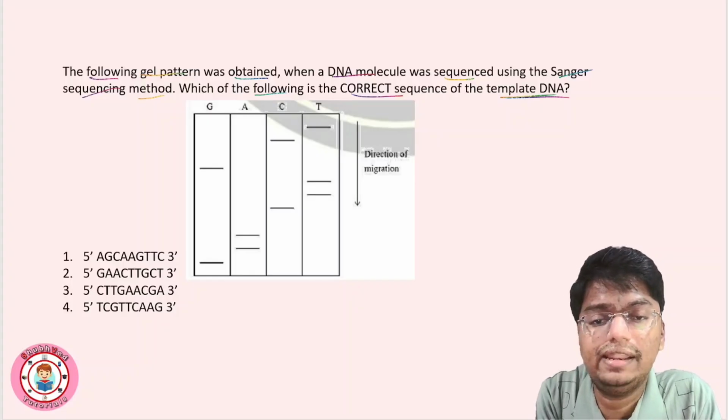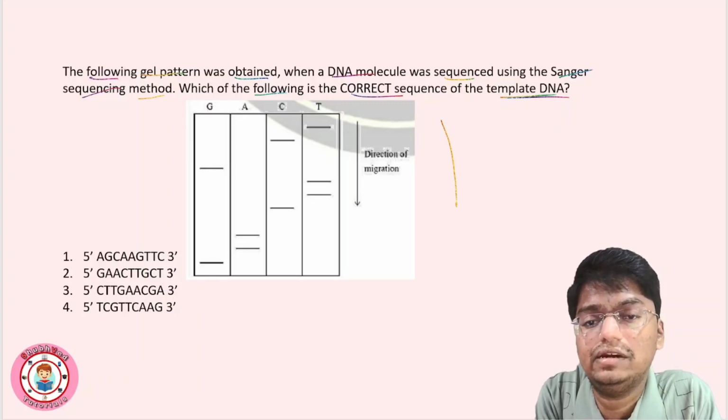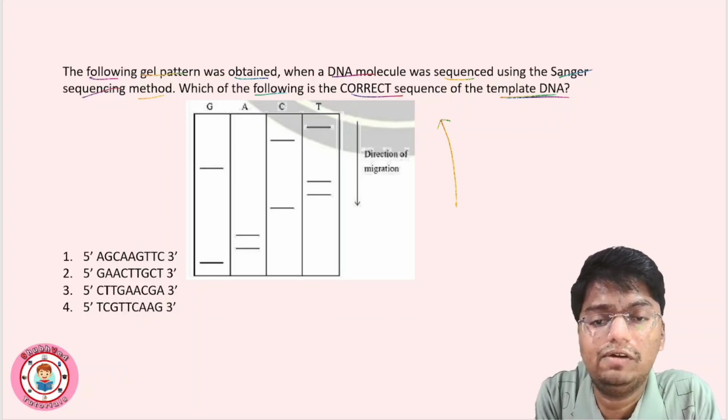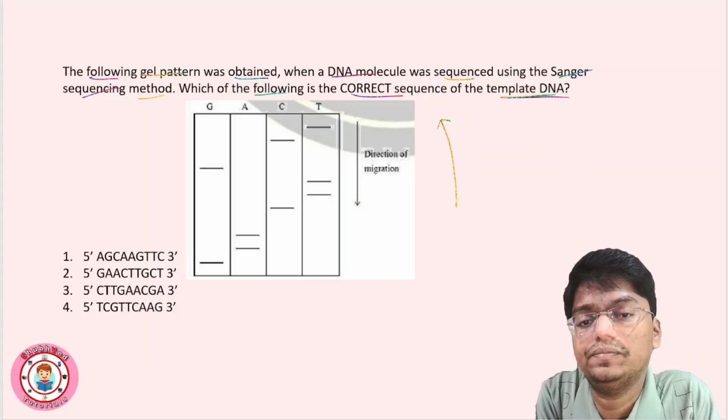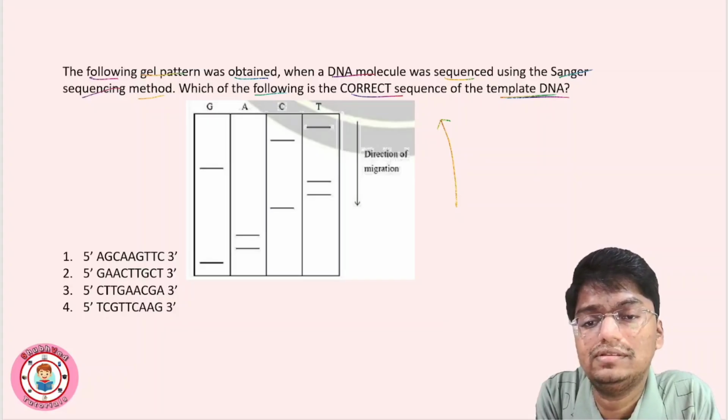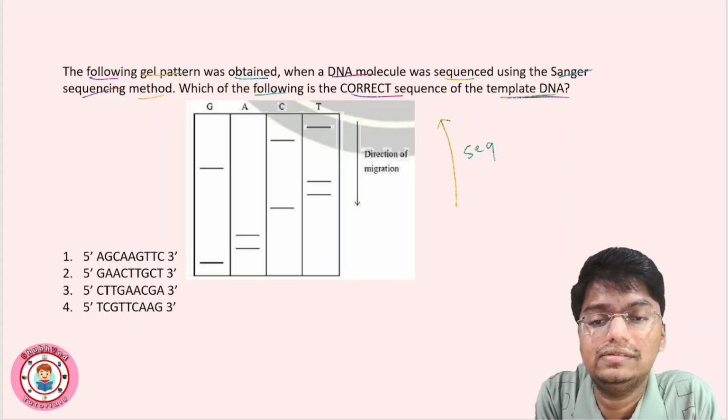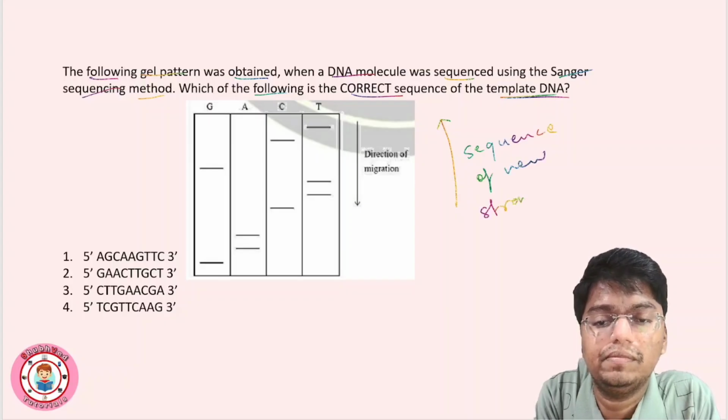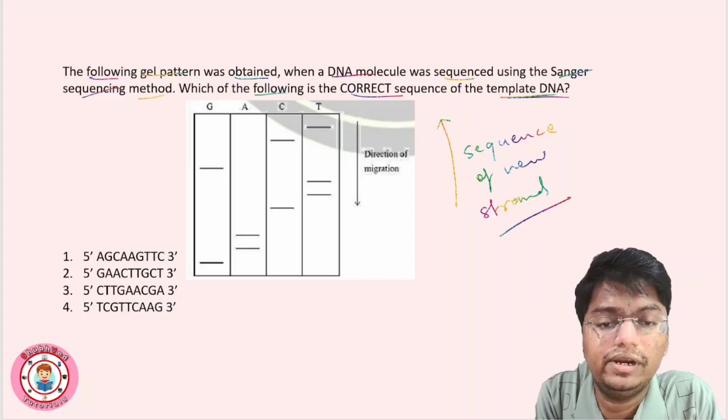So this is the direction of migration they have shown arrow. But when we have to see the sequence of a synthesizing strand, new strand, then we have to go upwards, opposite direction. Just remember this thing. Okay, sequence of new strand. Got it?